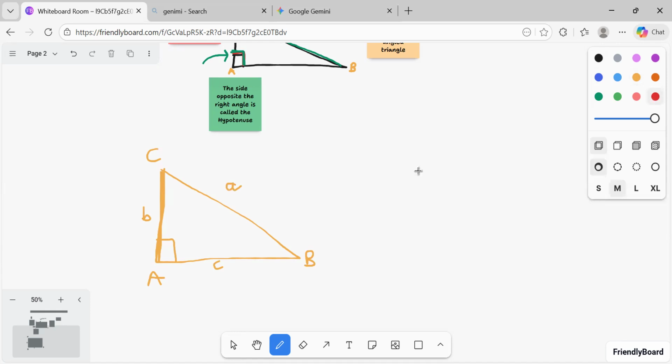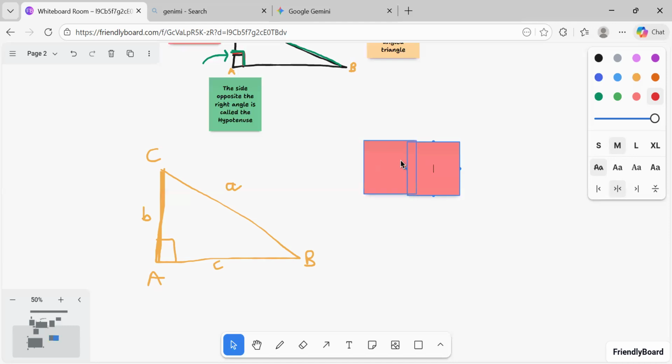I'm saying the theorem of Pythagoras states, let me write it here so that you know.